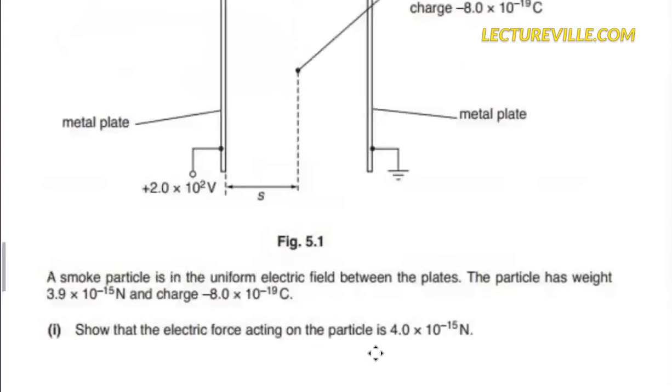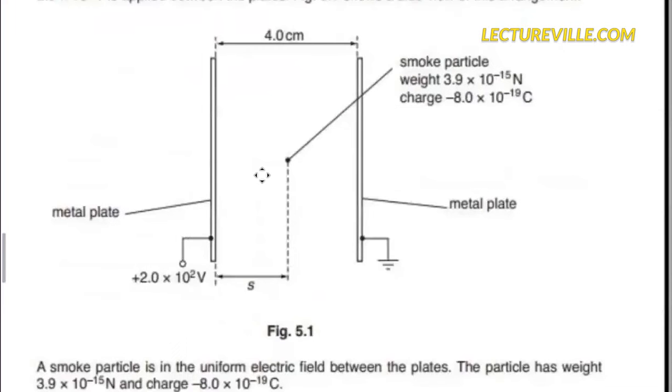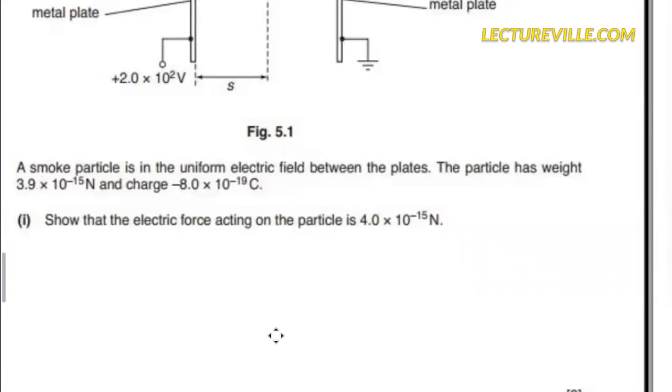So to show this force, first we need to calculate electric field strength and then use that electric field strength to calculate force. But there is a direct method as well. As we know, electric field strength is force divided by charge, and electric field strength is also potential difference divided by distance.